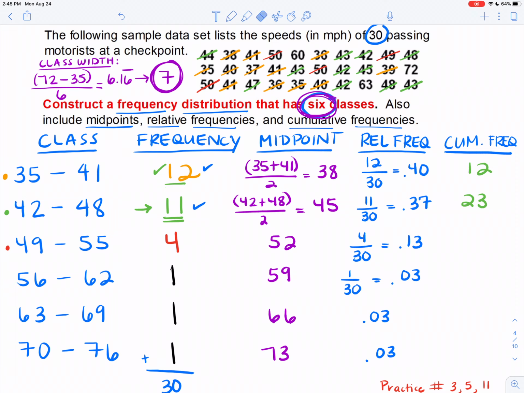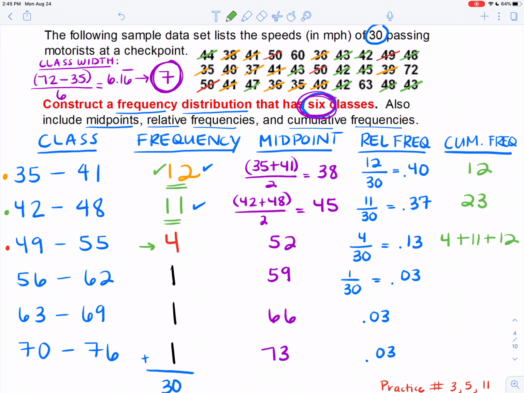All right, now let's do one more to make sure we're seeing this correctly. For the third class, the frequency of the class is 4. But I've got to add in all of the frequencies that came before, so I'm going to add in the 11 and the 12.